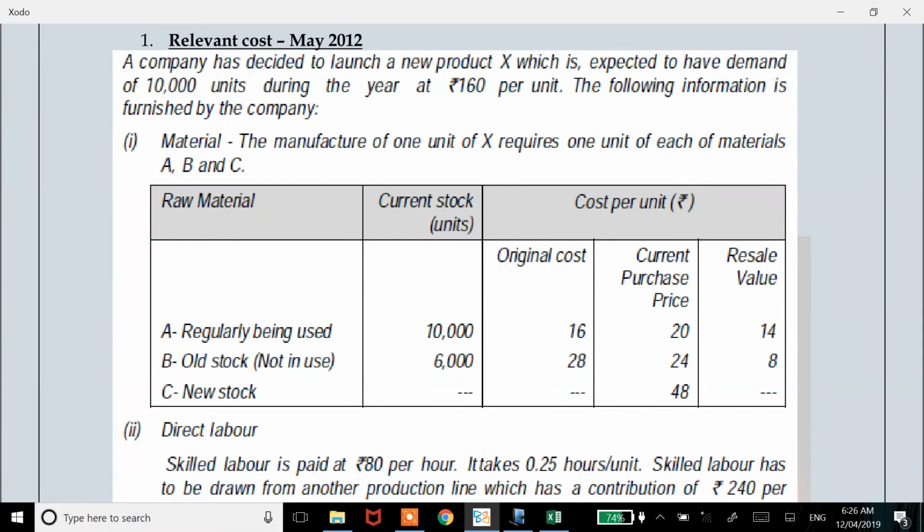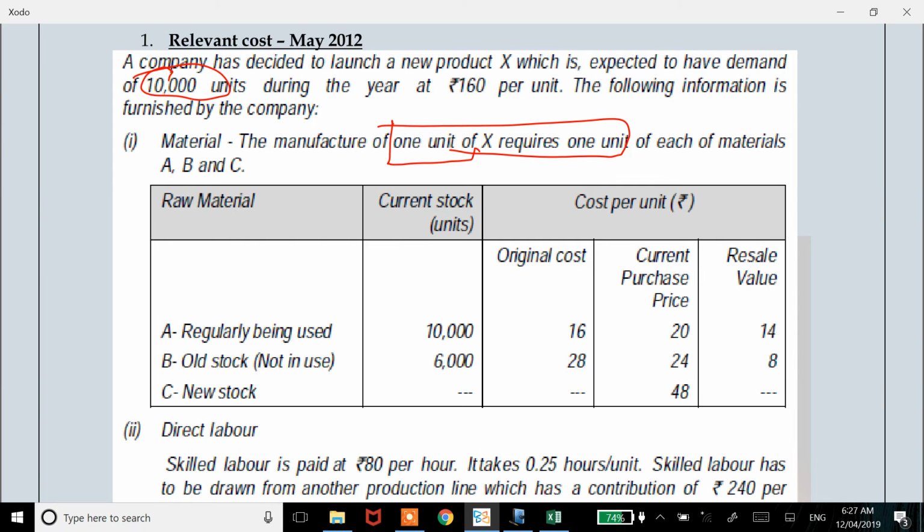So I need to manufacture how many units? 10,000 units, and I need 1 unit of each raw material for the manufacture of 1 unit of the product. Technically I need 10,000 of A, 10,000 of B, and 10,000 of C. Is material A in stock, out of stock? In stock. If it is in stock, the next question is, is it a fast moving material or a slow moving material?